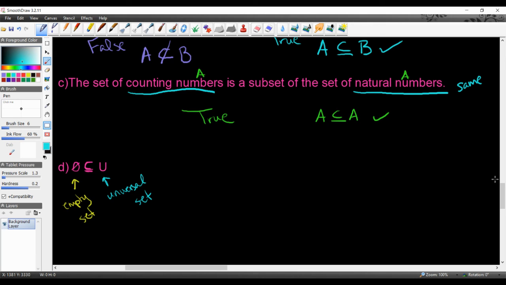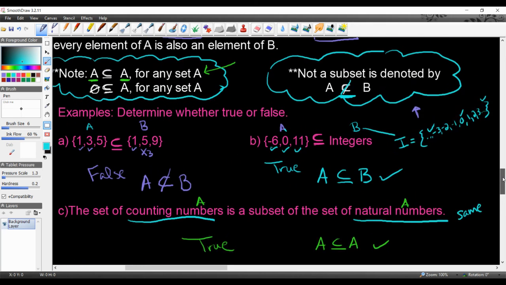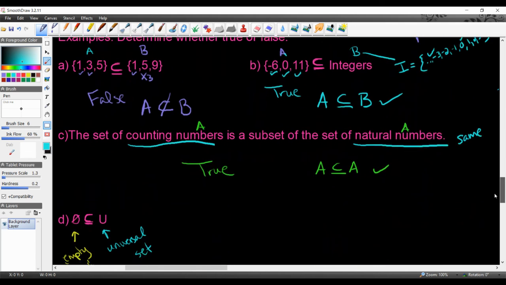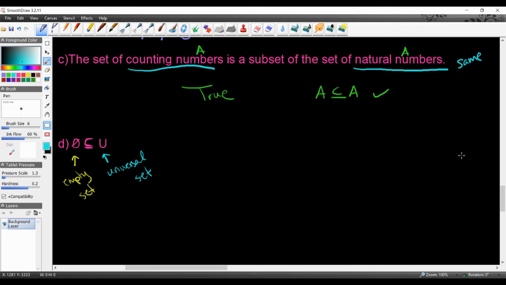Well, remember that according to those little notes that I put up here, it says that the empty set is a subset of A for any set A. So what do you think that means? I'm going to give you a few seconds to think about that and see if you can answer this problem. So take a few seconds.